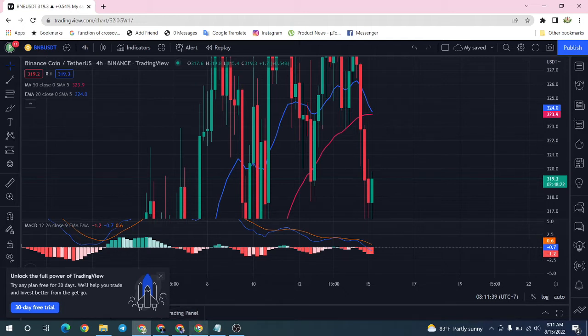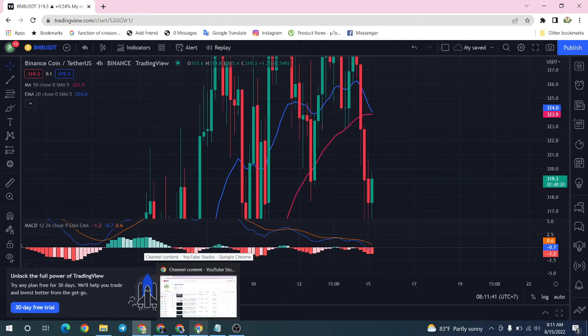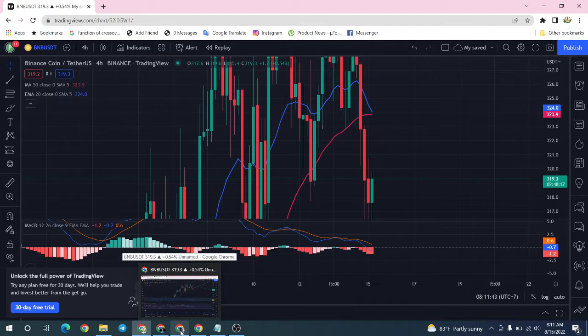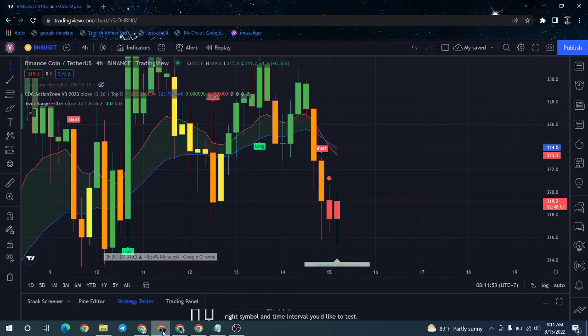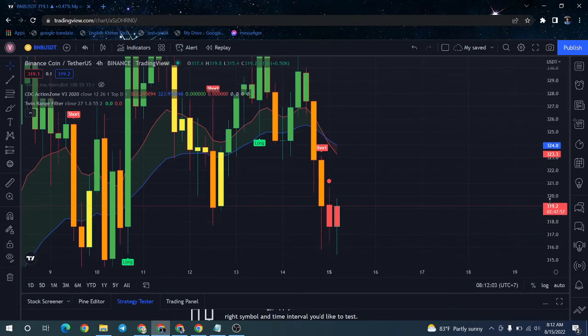Remember, if you use only the Twin Range Filter or CDC Action Zone, it is not good. You must combine all: indicators, chart pattern, EMA, MA, with other indicators, and news. All of these you must combine together, and then you can trade and you can trade for a long time in cryptocurrency.